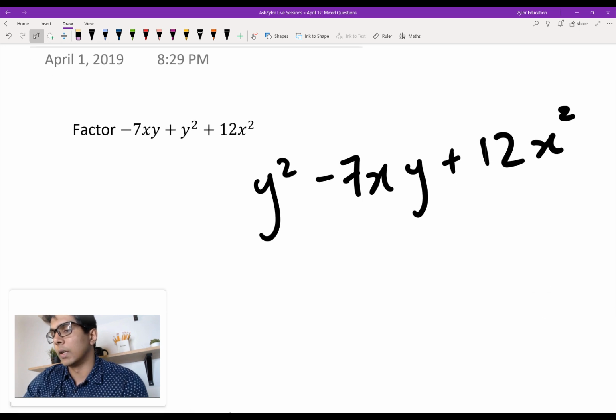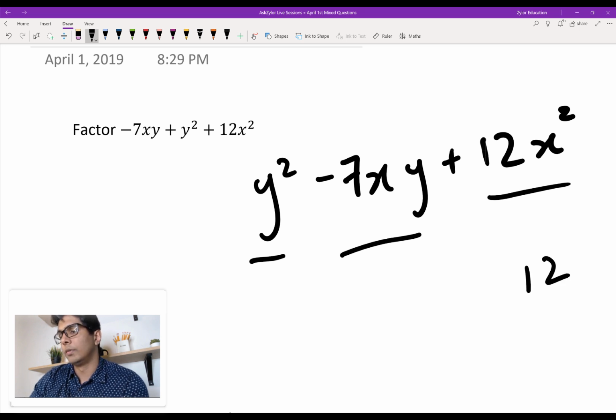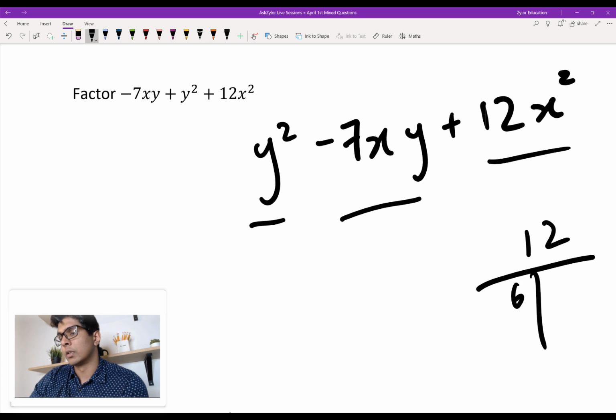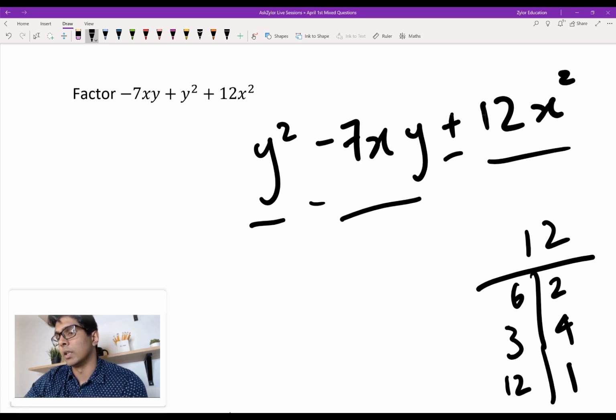So then I'm going to look at what are these two terms that add up to -7, essentially. So I'm looking at 12, and I'm looking for factors of 12 that will add up to -7. So that could be 6, 2, 3, 4, 12, 1.